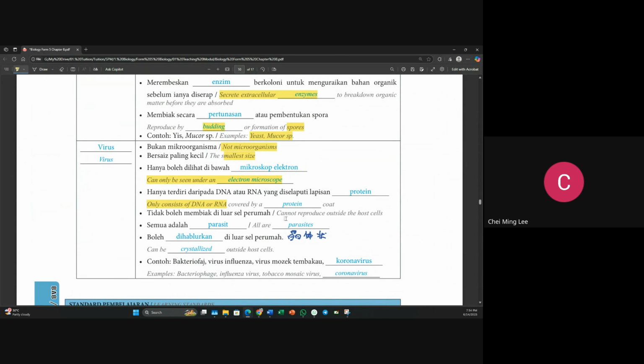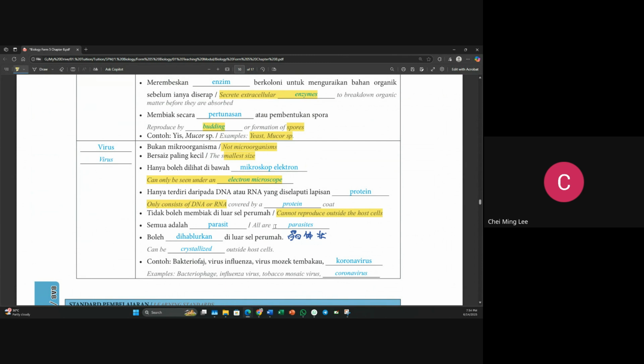So cannot reproduce outside the host cell. Okay, because they don't have the organelle. So they have to release the DNA, affect the nucleus of the living cell, and make the living cell reproduce the genetic material. Okay, so their main way of reproduction is by mutation.